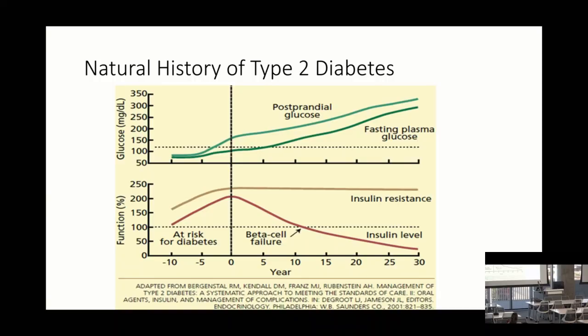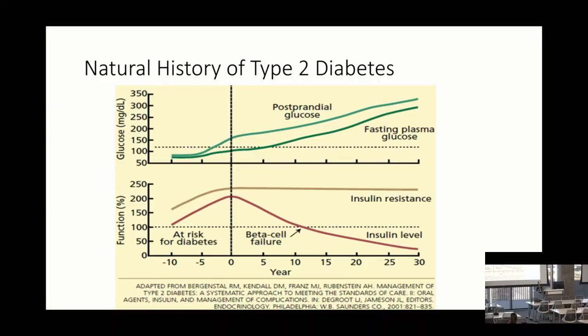So again, recognizing that initially you can see that there's actually increased insulin production at some point. Now, there's increased insulin production, but it's resistant, so there's a relative insulin deficiency. Does that make sense?